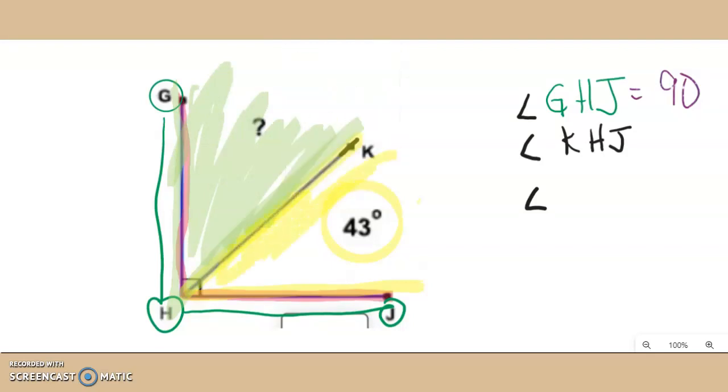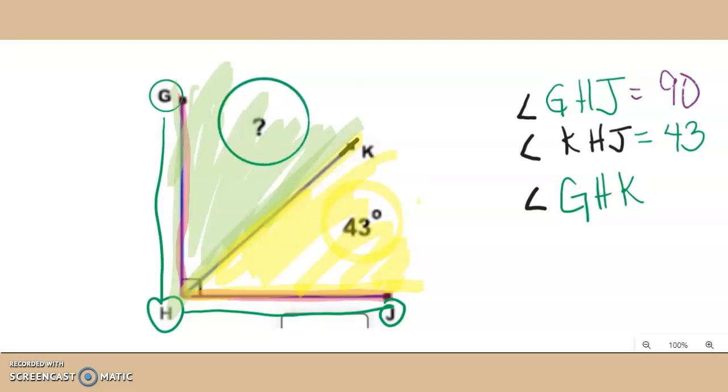And then I know that if I have 43, because this one was 43, what then will be G to H to K? What will be that angle? Because we don't know what that angle is. It's a big question mark.